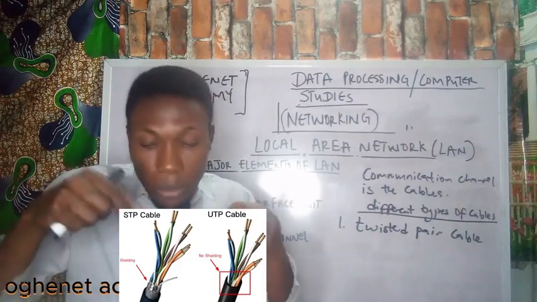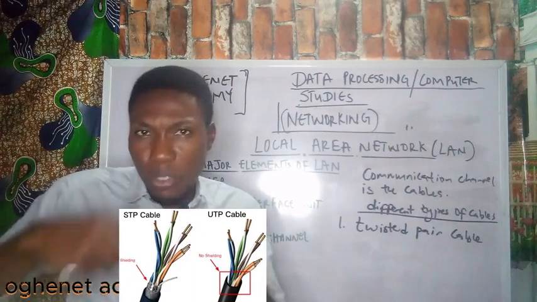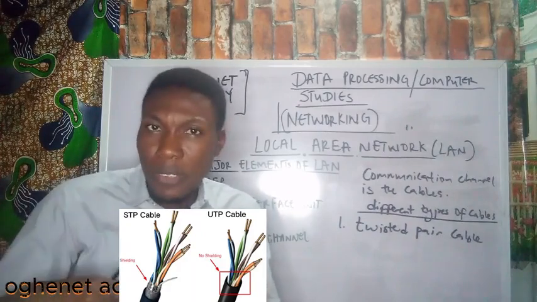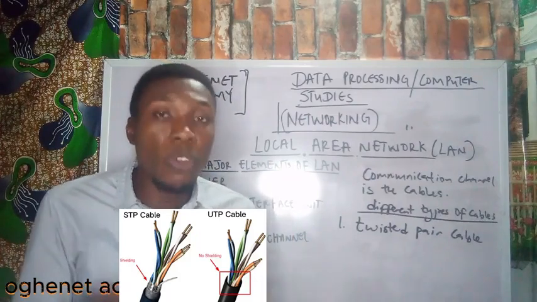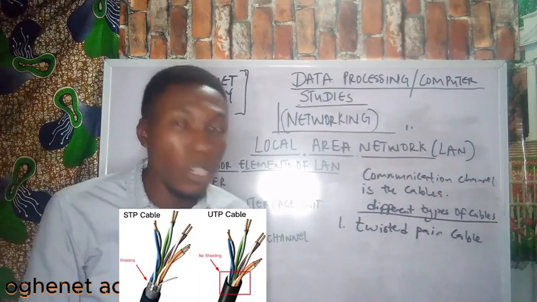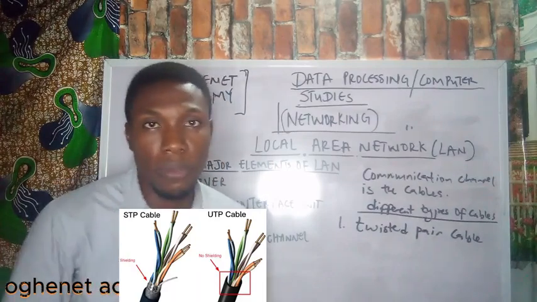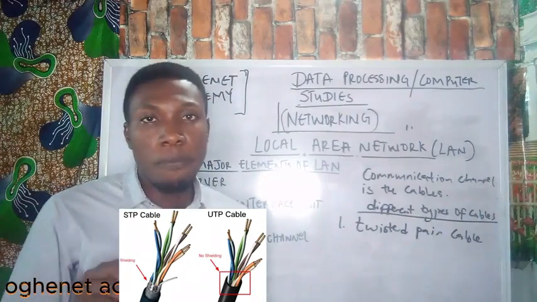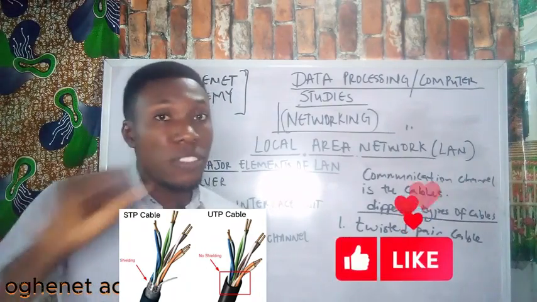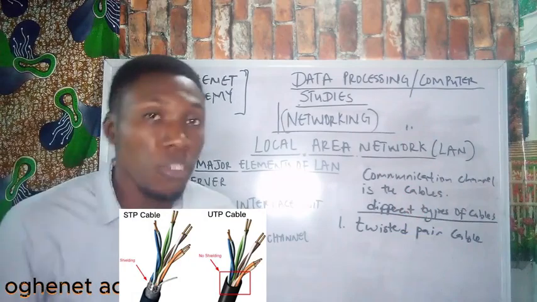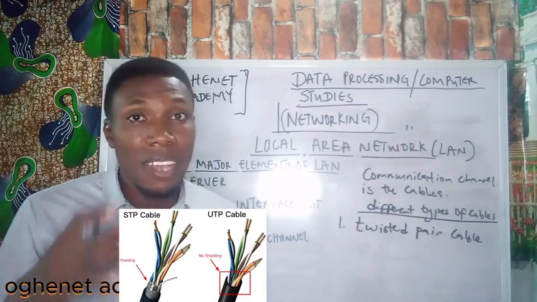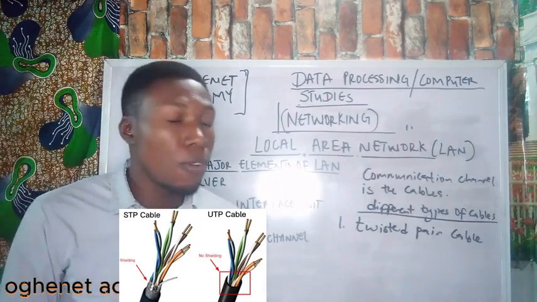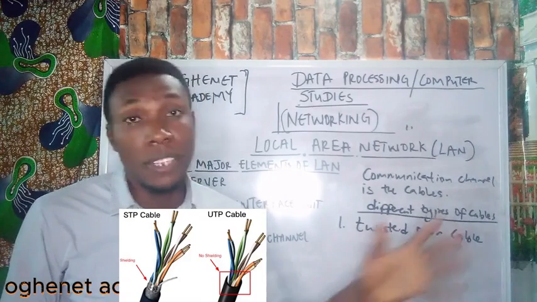Now, why are the cables in the twisted pair twisted? Because if you look at this image very carefully, you will discover that the cables are twisted. There is what is called interference when it comes to communication, when it comes to information technology. Well, I don't want to dive deep into the explanation on interference, because that is actually for persons that are studying electronics.